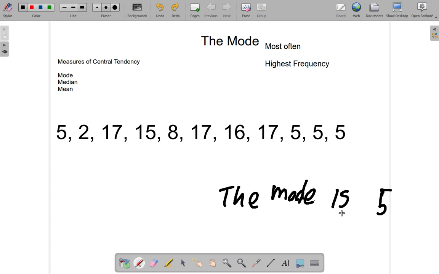The mode is important. If, for example, you want to set up an auto parts store in a certain town, you will invest more in the parts of the cars that you see more often in the town. The most common cars, you buy more parts for it. For example, you see more Toyota Corollas than any other car, you will invest in more Toyota Corollas.